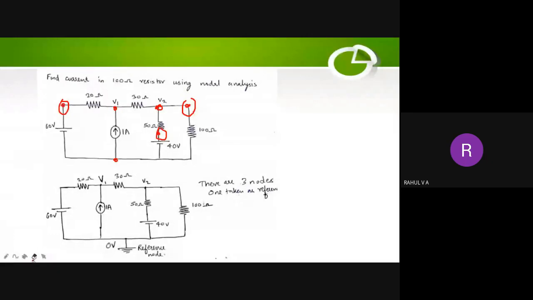This one may be assumed as node 1, this is node 2, and then we have a reference node, this one, node 3. Node 3 is assumed as the reference node. So then we have two nodes, V1 and V2.